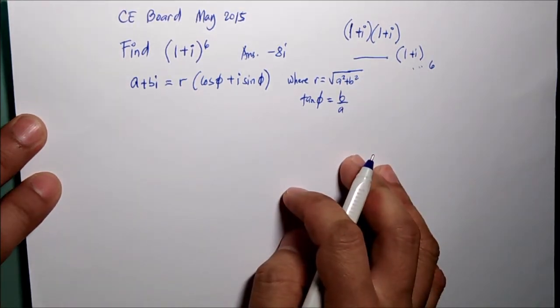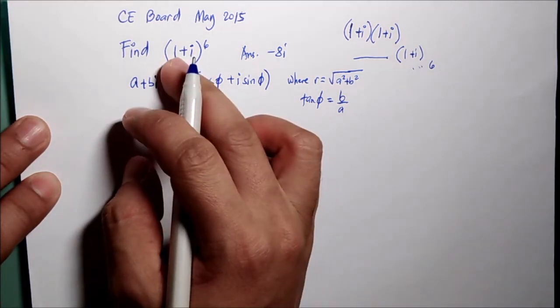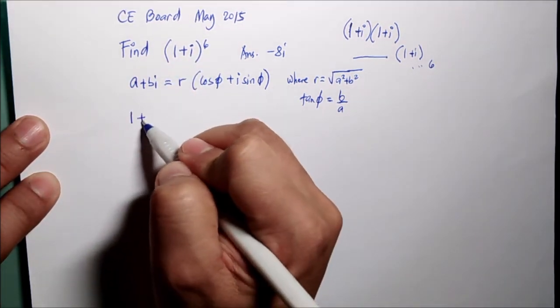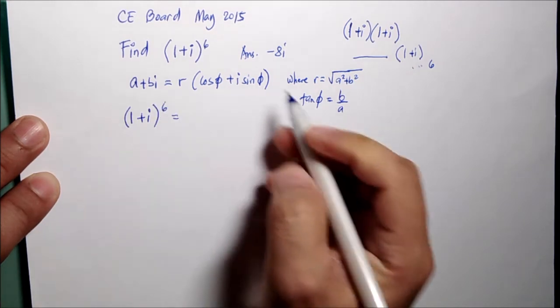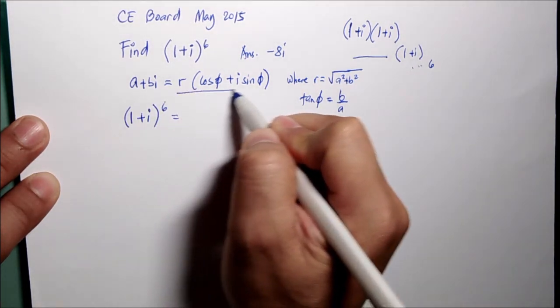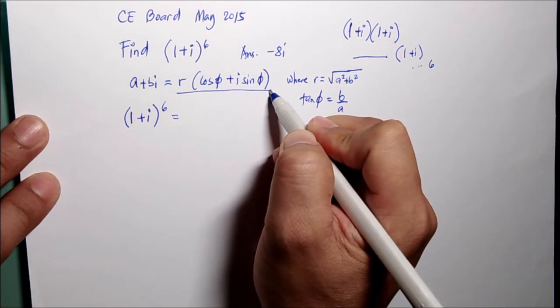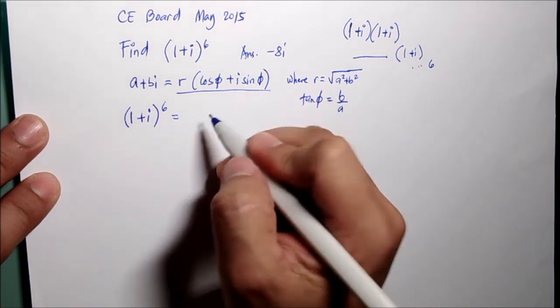Now since we have (1 plus i) raised to the 6, we will raise the equivalent trigonometric form also to the 6th power.